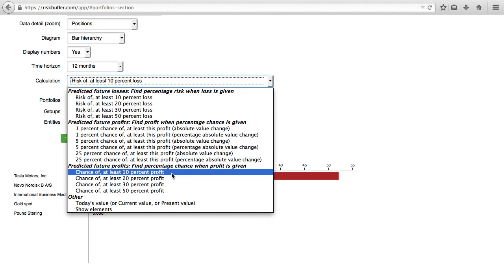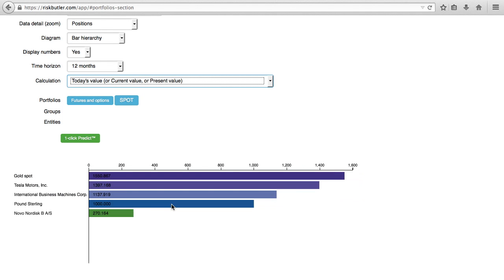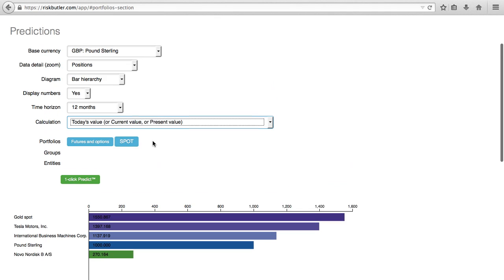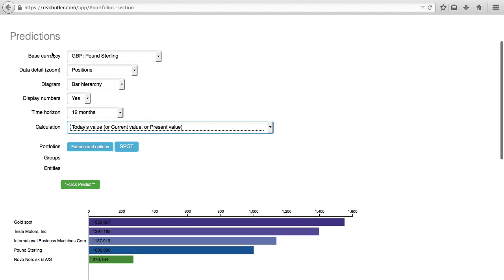And we can also see, if we look at today's values, that the pound sterling has a value of 1,000 pounds, because now we changed the base currency to pounds, and that's because there's no risk on this position when we have a base currency in pounds.